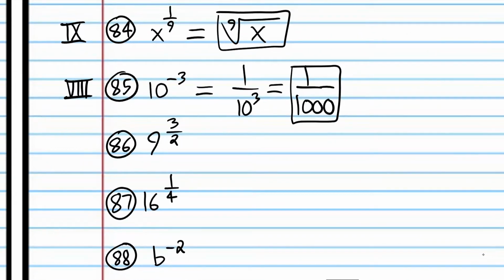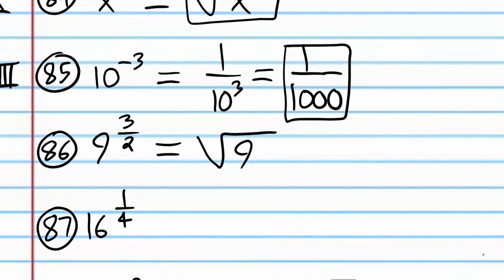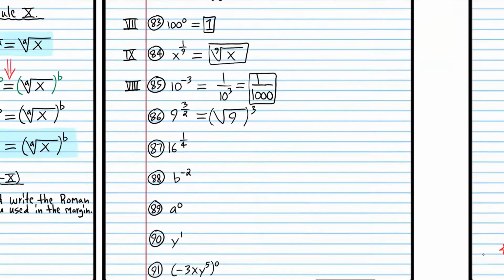So if you got that one right, good job. Try 86, and when you come back, we'll do it together. All right, we're back. So the denominator of the power is going to be the index here, which, if it's 2, then you just don't write it. But then the numerator, you're going to raise it to the 3rd power there.